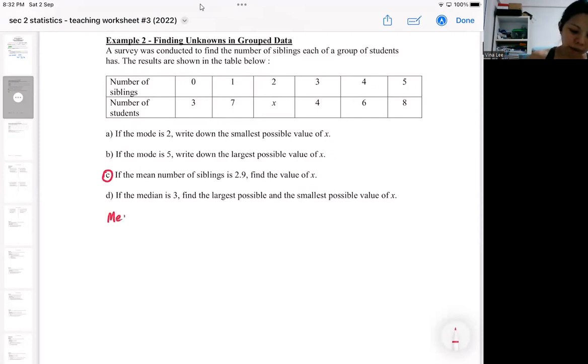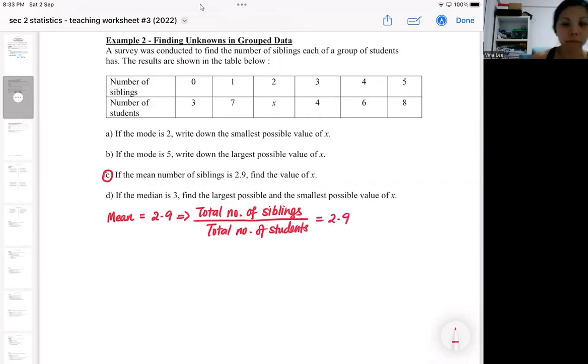So when we say the mean is 2.9, it actually means that the total number of siblings over the total number of students is 2.9. That means on average, every one student has around 2.9 siblings.